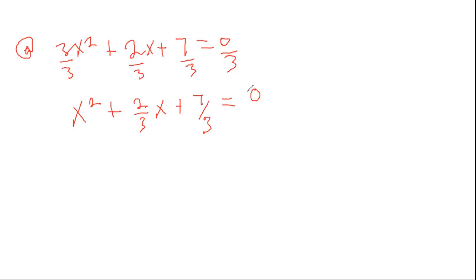So my sum of roots is equal to negative b over a, that would be negative 2 over 3.